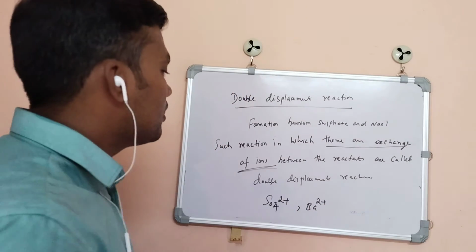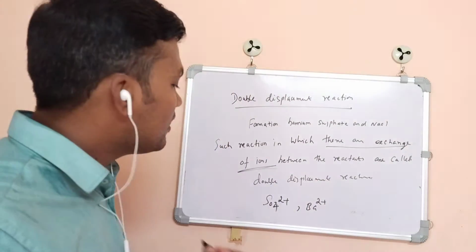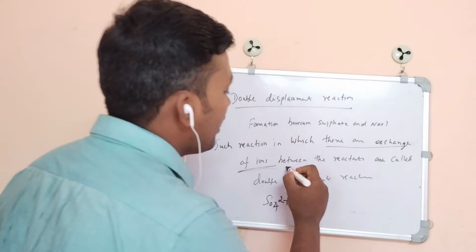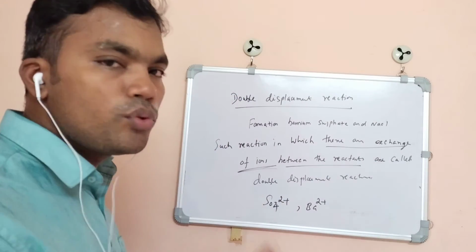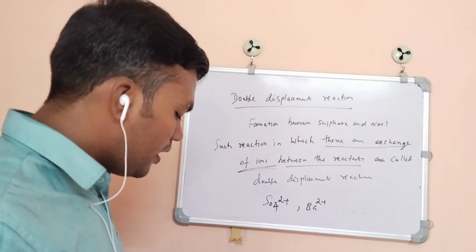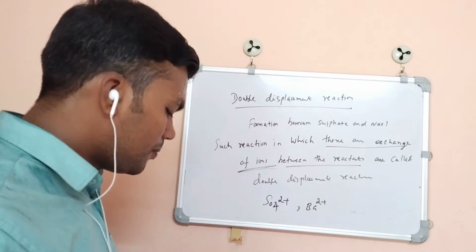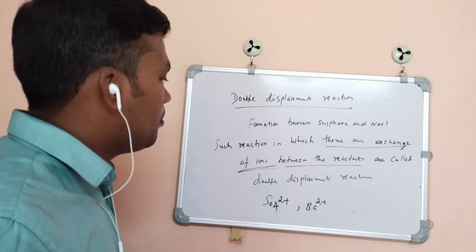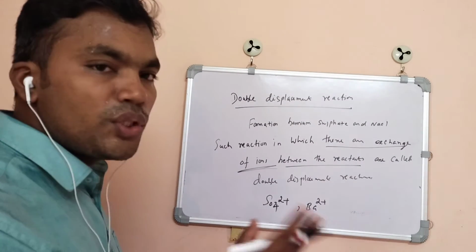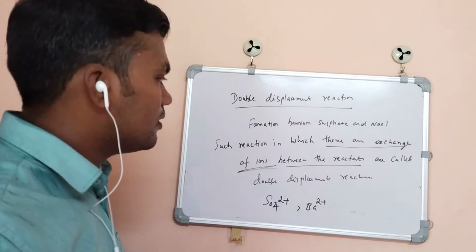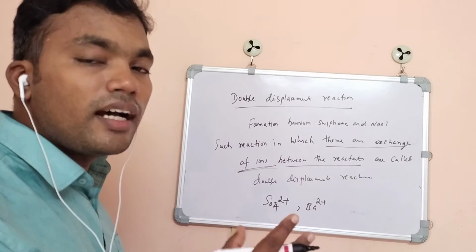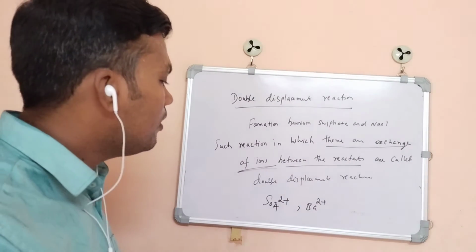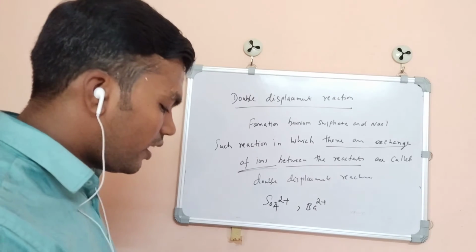Here we have used two reactants. First one is barium chloride, another one is sodium sulfate. There is an exchange of ions between the reactants. Only ions are exchanged, and it is called a double displacement reaction.